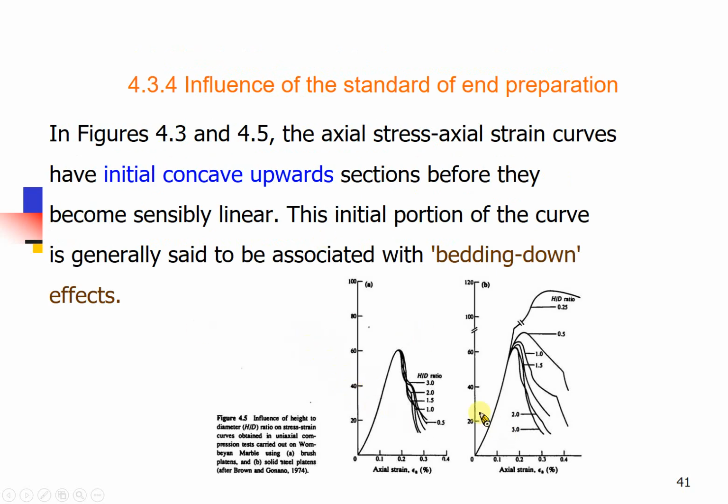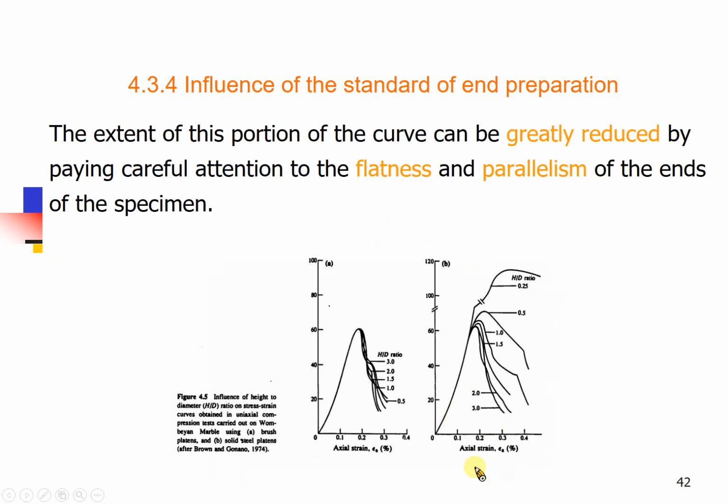And as I said to you, you will have the concave upward. This is related to the micro fracture closing, but it is also related to the specimen preparation too.